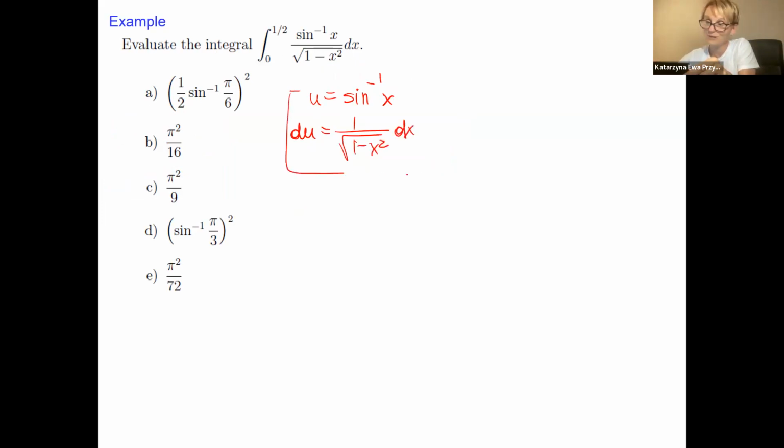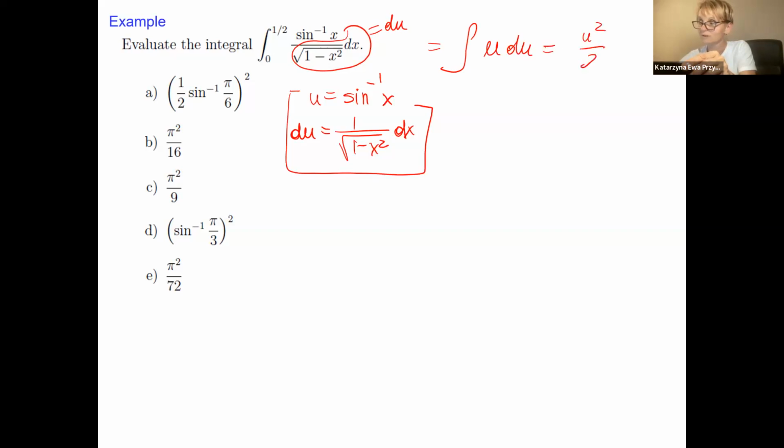That part is basically du. It means it's just U du, which gives U squared over 2. And what about the limits of integration?